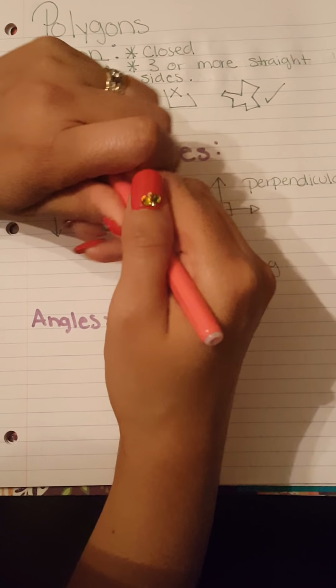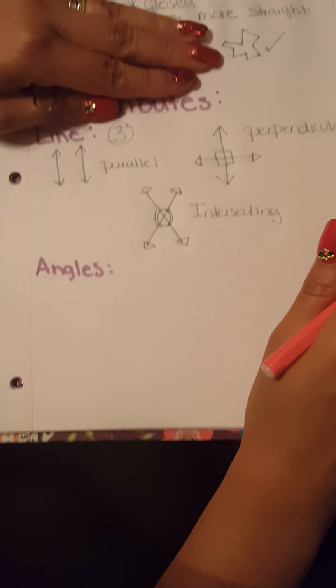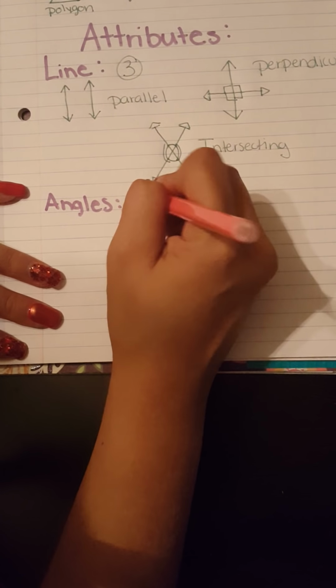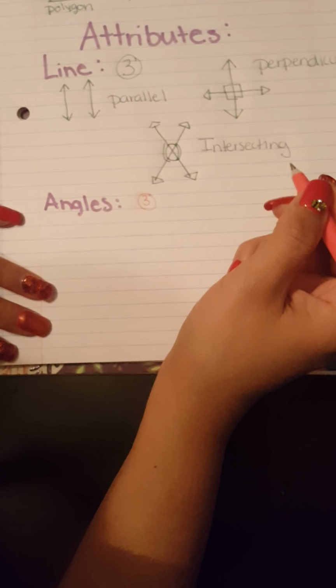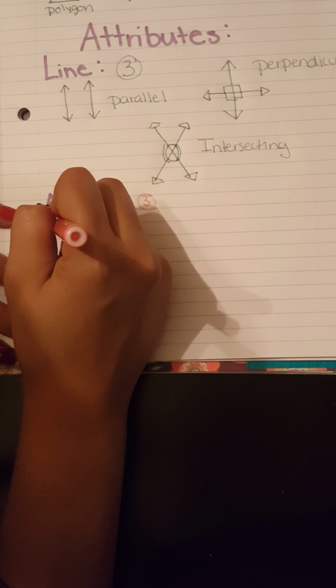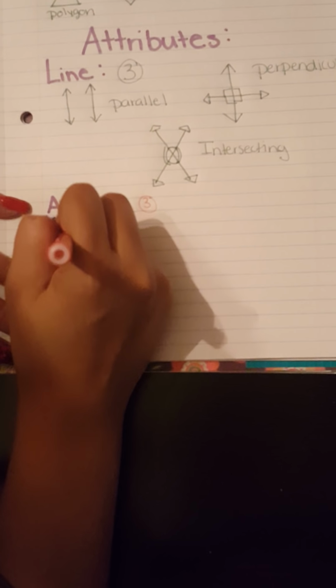And then the angles. Do you all know how many angles we're going to work with? We're going to work with 3 types of angles. The first one looks like this.